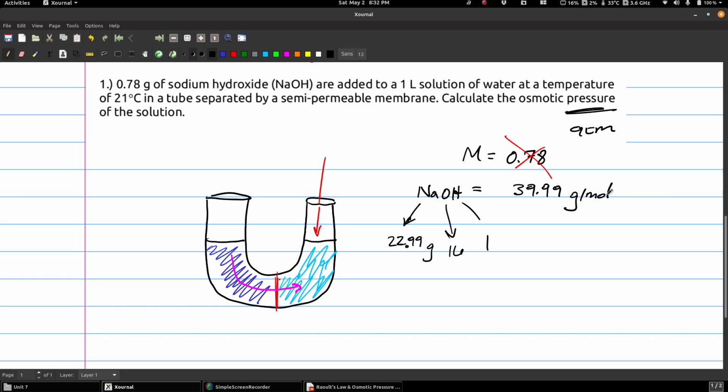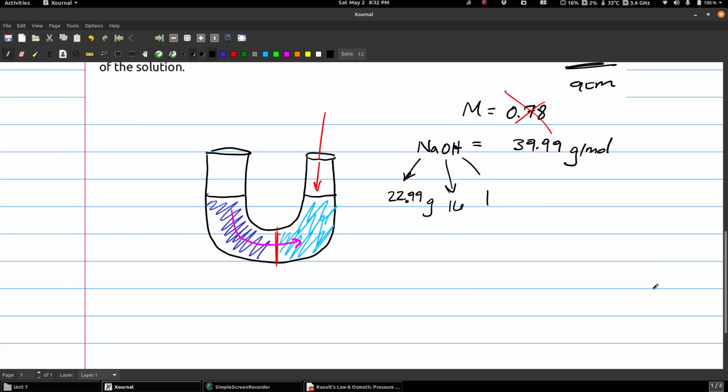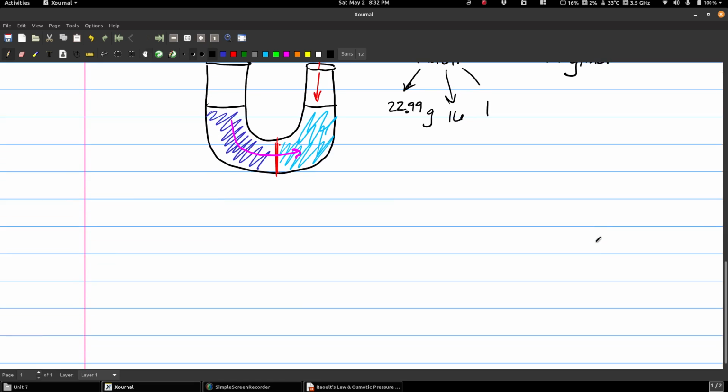So that would be the molar mass, which is another thing that I've been noticing you guys have kind of forgotten how to do. So if you forgot it, just remember that whenever you're looking at the periodic table, that's your molar mass, which is also the atomic mass.